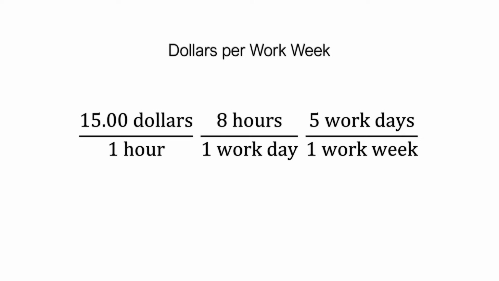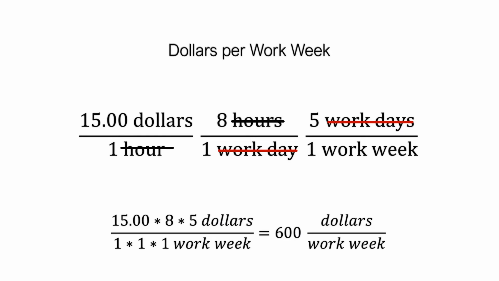We have $15 over 1 hour, 8 hours over 1 work day, 5 work days over 1 work week. We know hours cancel, but look, work days cancel too. That leaves us with dollars per work week.